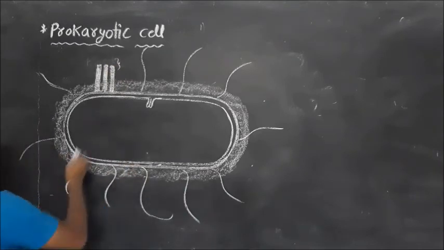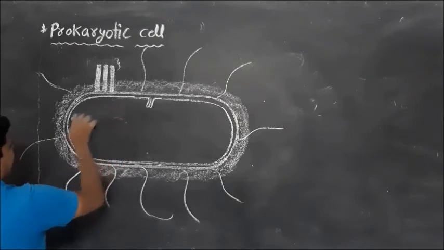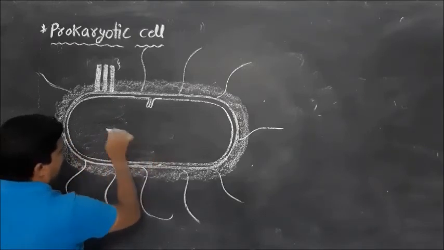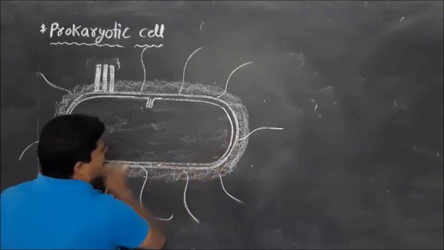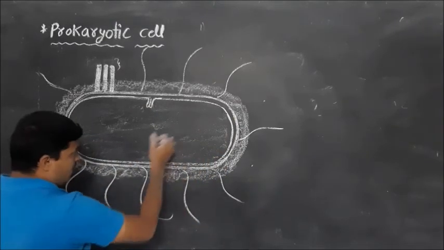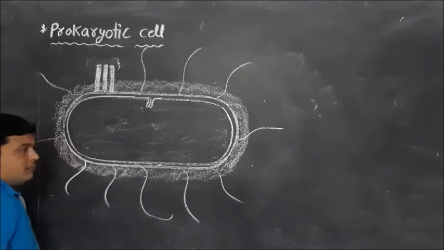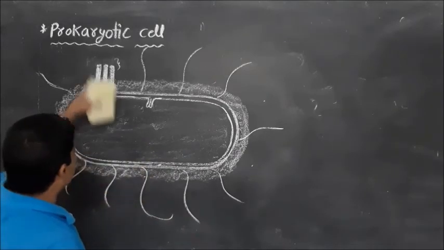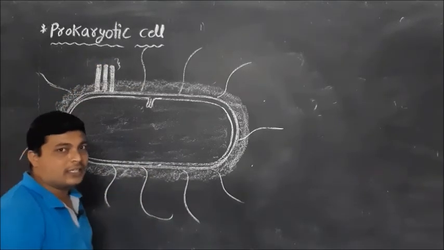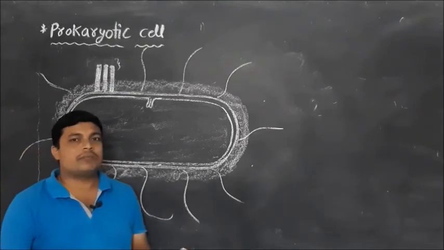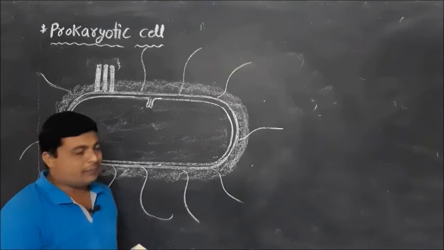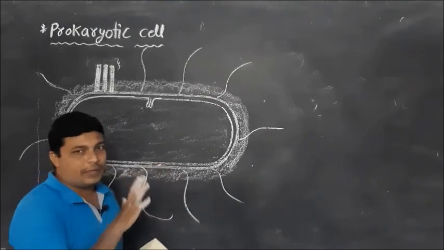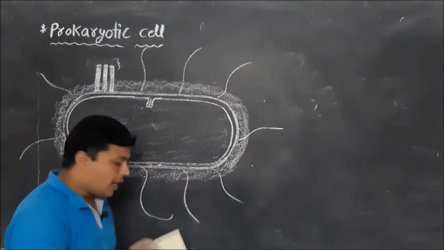And the center place of the bacterium, this entire place is filled with a fluid-like structure. This fluid-like structure is called cytoplasm. But it is a bacterium, which means a prokaryotic cell. Prokaryotic cell means there is no special chamber for the DNA. It means there is no special nuclear membrane.